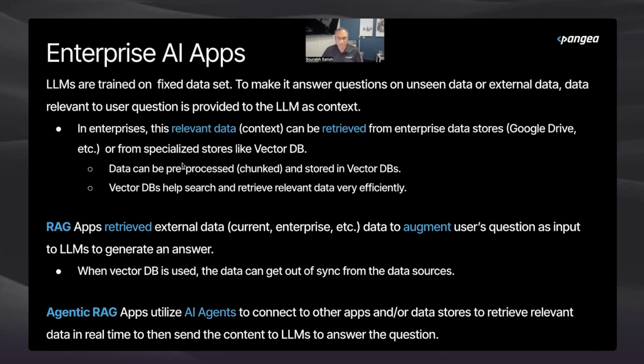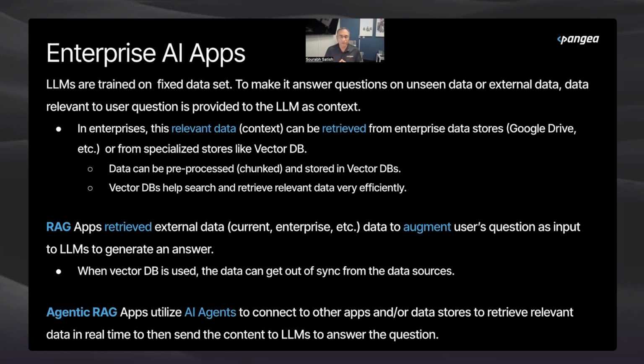Now, in case of enterprises, the important thing is that in order to answer the user's question, relevant data from enterprise applications and data stores have to be passed into the LLM for a particular enterprise use case.